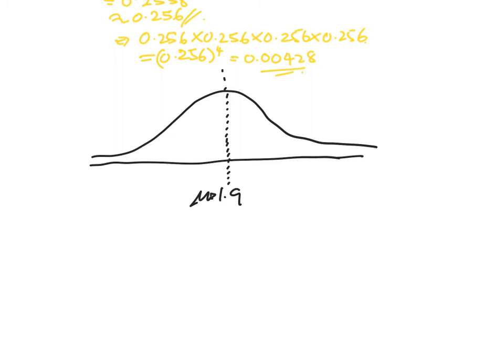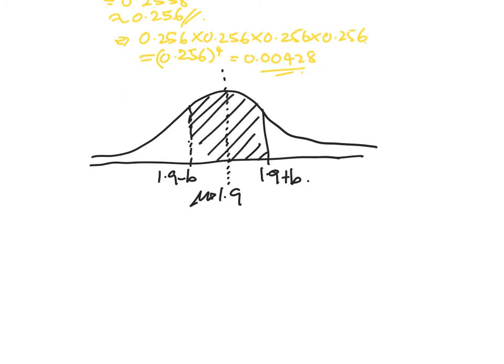Since it's minus b and plus b, they are equal, so I can divide it into 2. This can be 1.9 minus b and this is 1.9 plus b. The shaded region is 80% or 0.8.